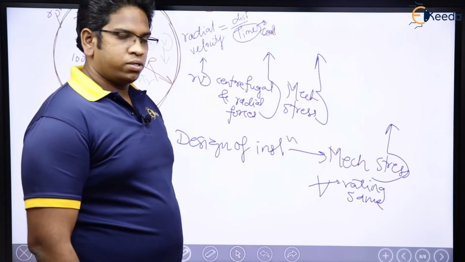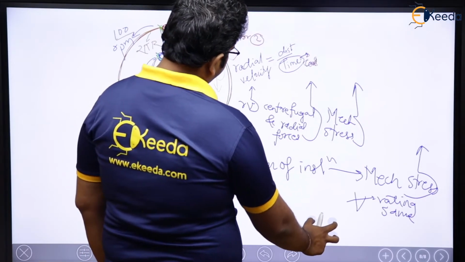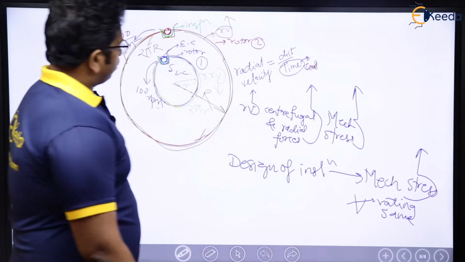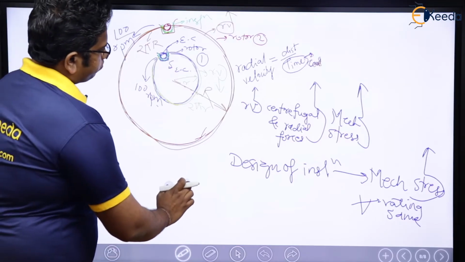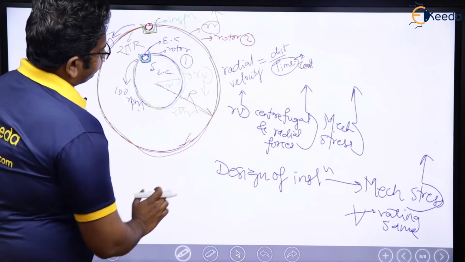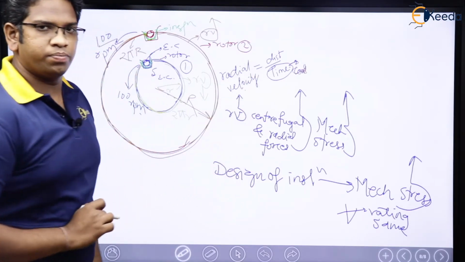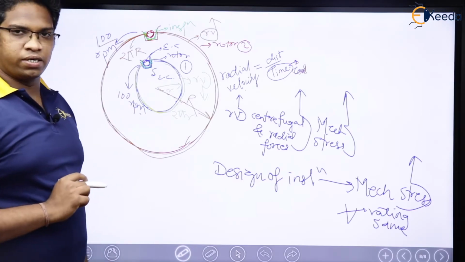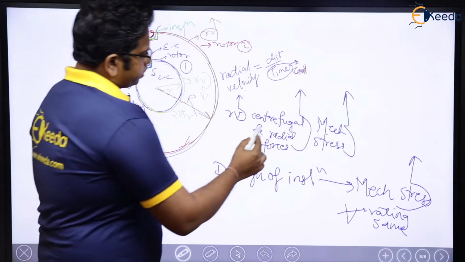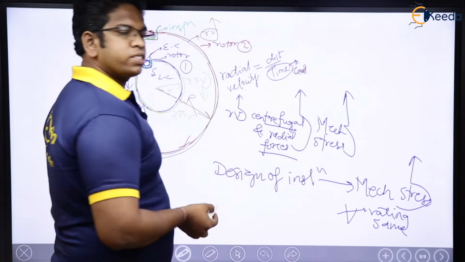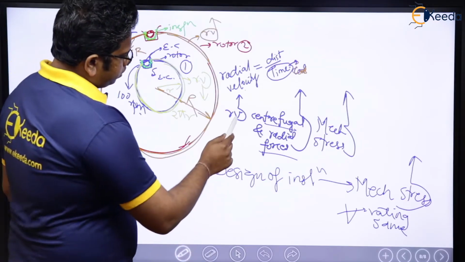See here, again, very easy. Focus. If radial velocity is increased, mechanical stresses will increase. Why? Because centrifugal and radial forces have increased.